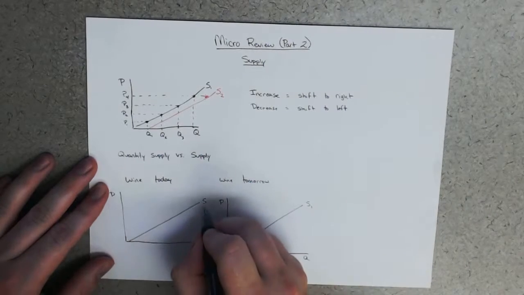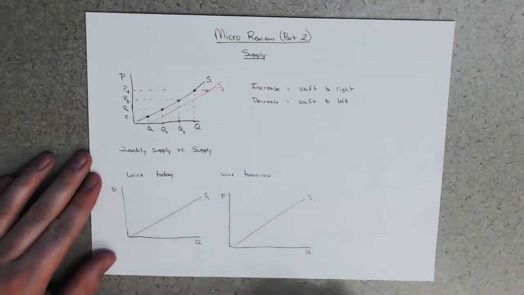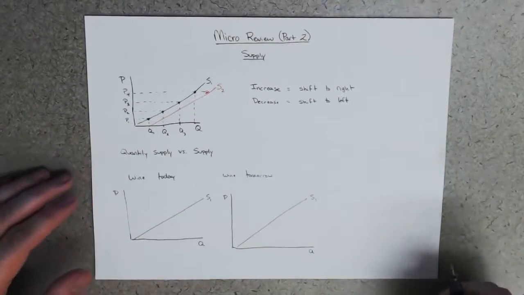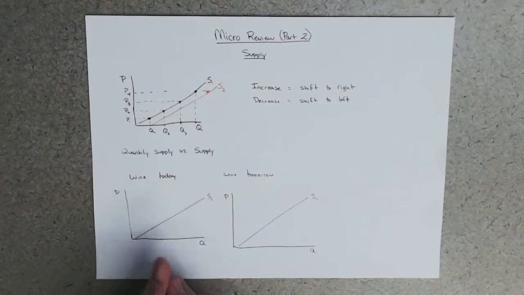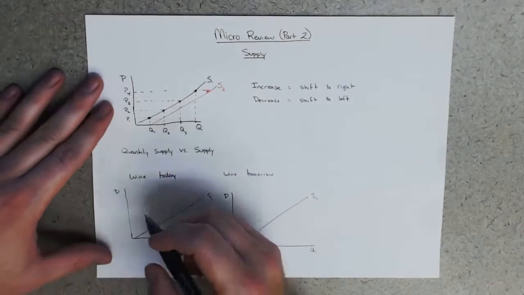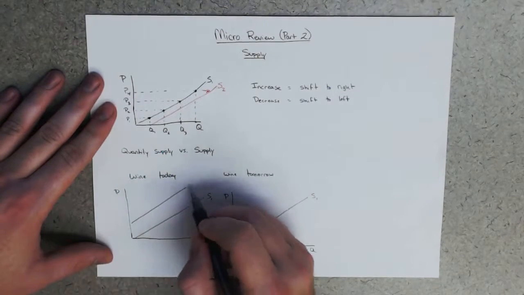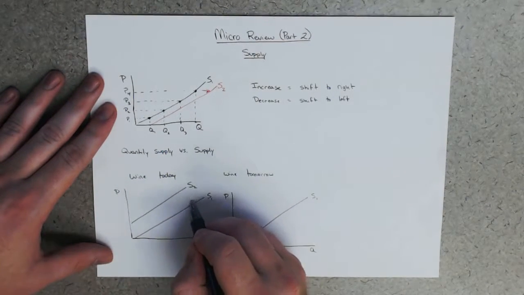So wine today: if you're going to not sell the wine today and age it and sell it tomorrow, all you would be doing is saying, less wine is being sold today.